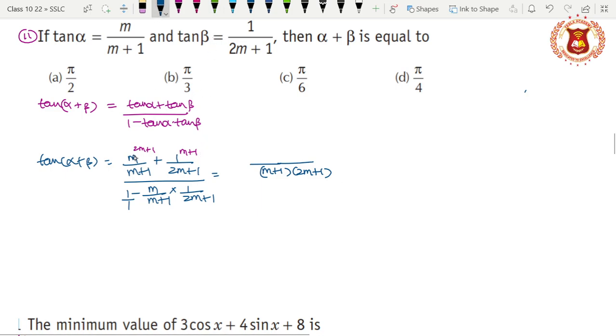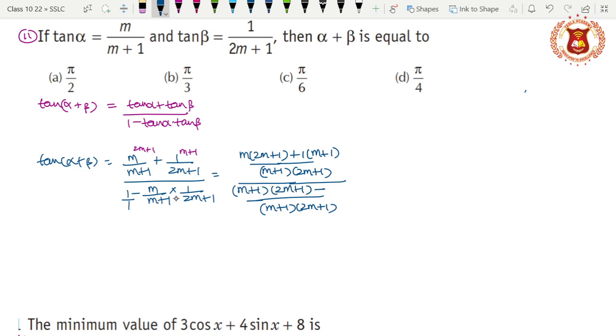I will get m into 2m plus 1 plus 1 into m plus 1, whole divided by, again the LCM m plus 1 into 2m plus 1, multiplied by 1 into m plus 1 into 2m plus 1 minus m. The m is multiplied by 1 only, therefore I will get minus m.